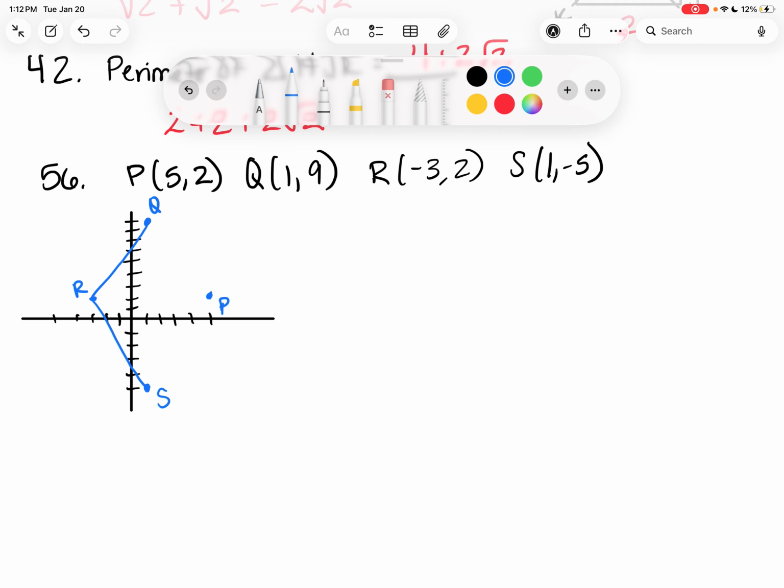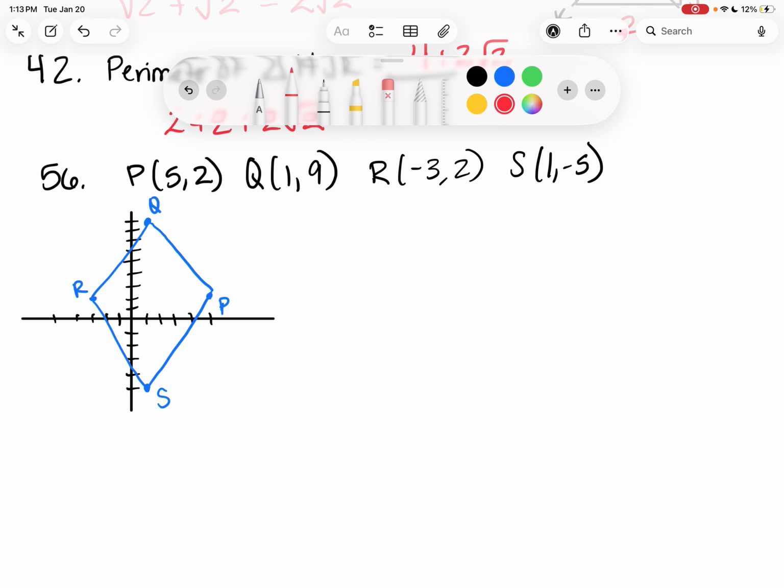Now, obviously, if I was doing this on graph paper, it would probably be a little bit easier to see. Kind of looks like a diamond on here. So I have a couple of options for what to do with this. A lot of times I want to look at the diagonals to help me figure these kinds of problems out.